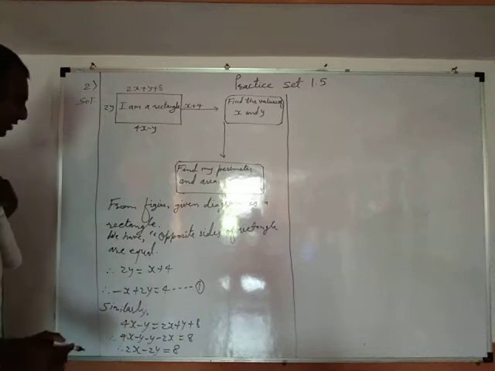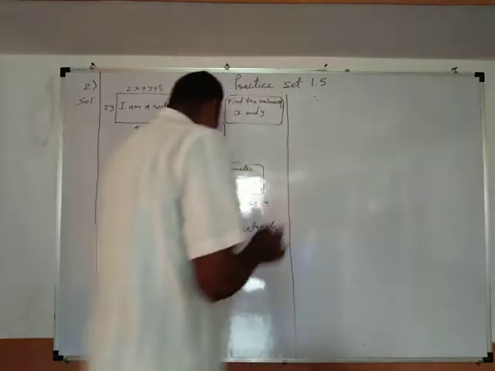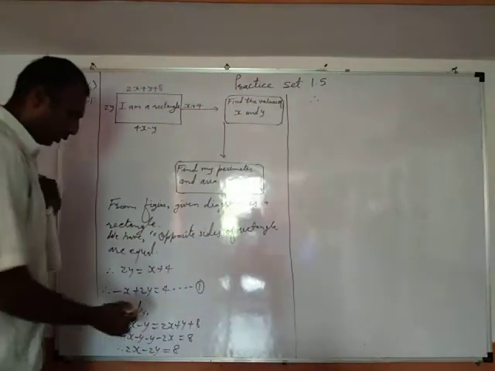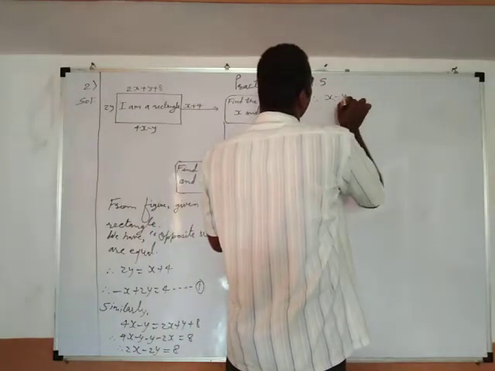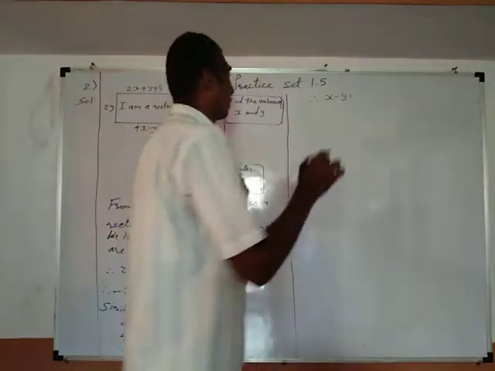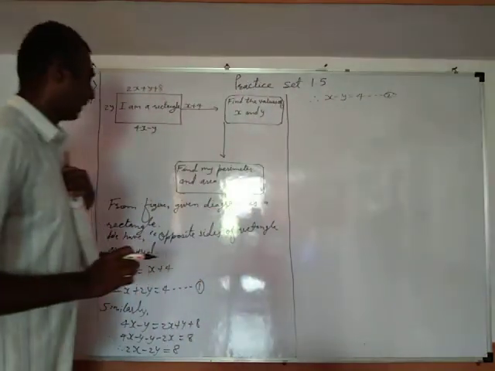Now this equation is divisible by 2. Dividing both sides by 2, we get 2 ones are 2, 2 ones are 2, and 2 fours are 8. Means x minus y equals 4. Let's call it equation second.